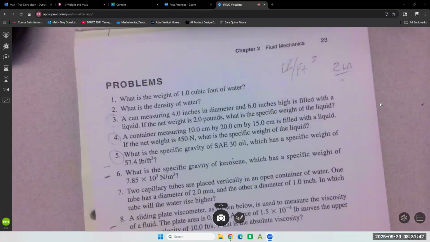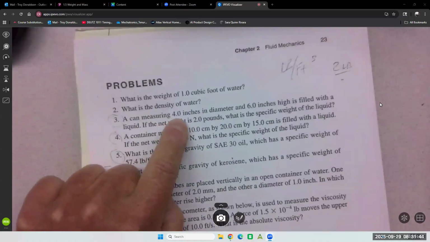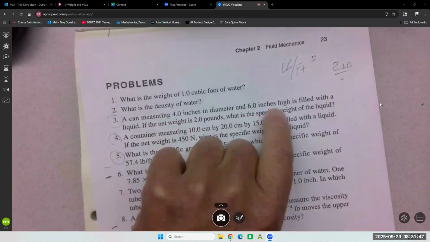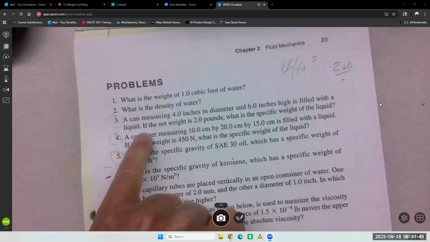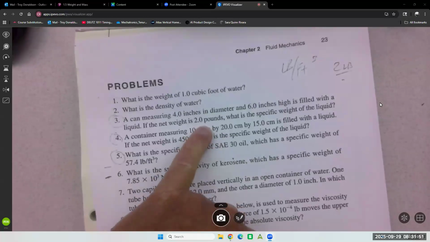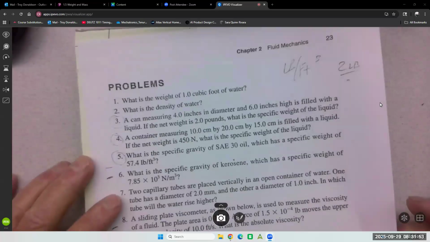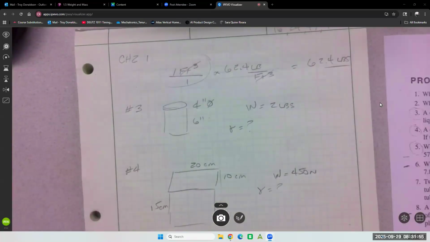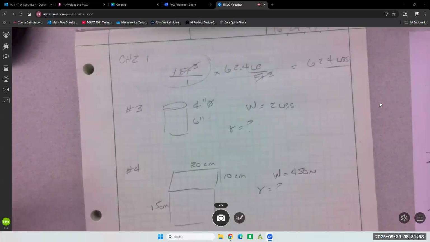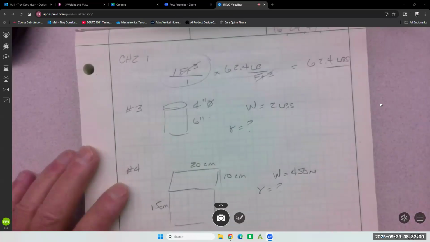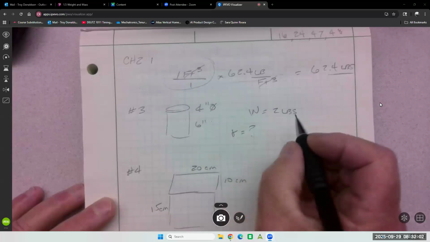Number 3 said a can measuring 4 inches in diameter, 6 inches high is filled with a liquid. And if it weighs 2 pounds, what's the specific weight of the liquid? So that's very much like what we did with the styrofoam and the steel. Same process. So you would calculate a volume.